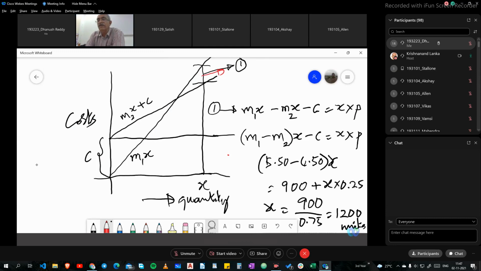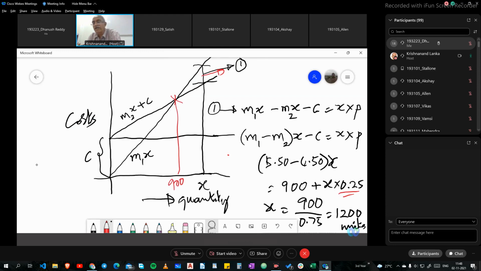Actually, you can only contribute around 0.75 to recover your fixed cost if you want a compulsory 25 paise per unit. Normally the break even point here is exactly how much? 900, right?